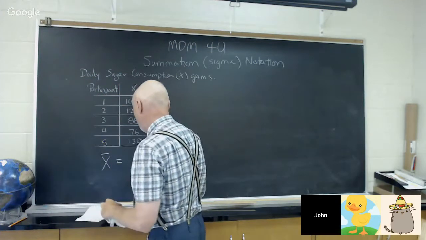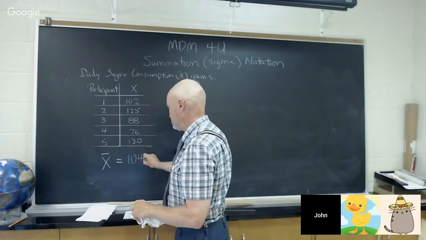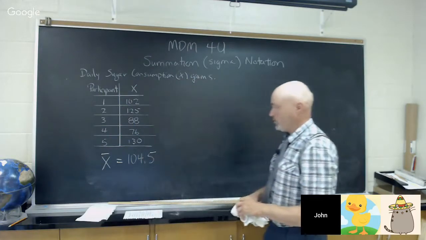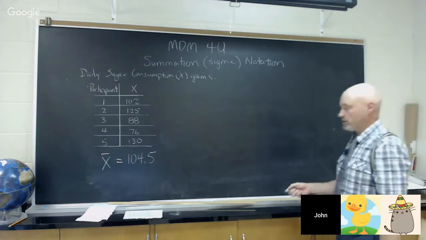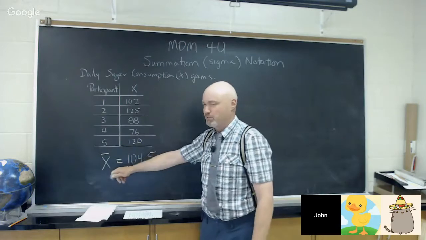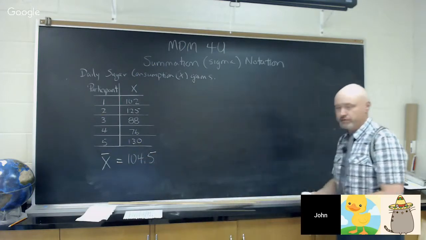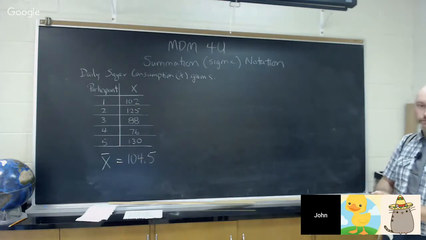The average of all of this is 104.5. At least I hope it is. I just erased it. So the average of everything is 104.5. You'll see this a little bit later. X bar means average of the population.